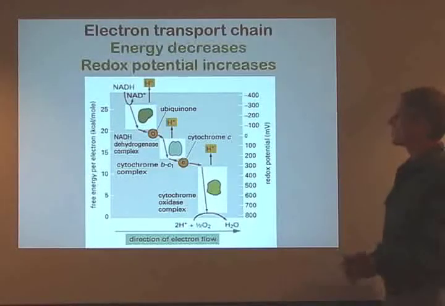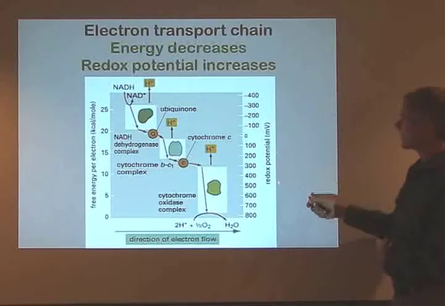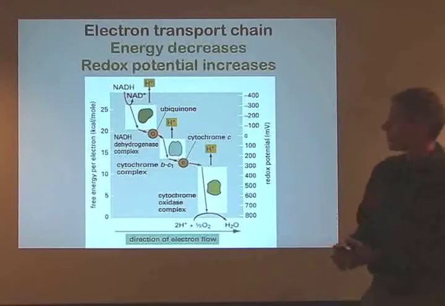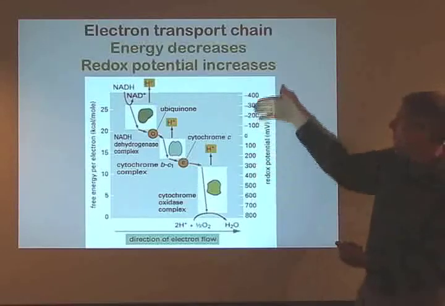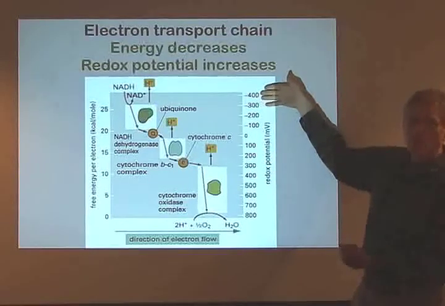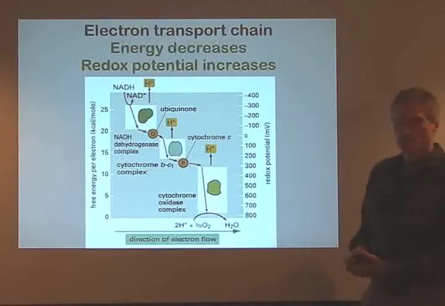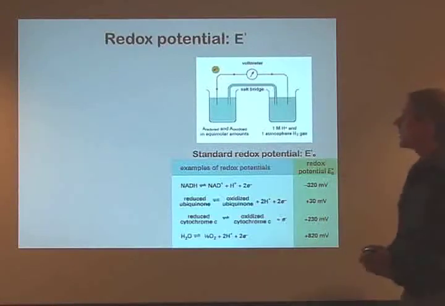Another description of free energy is called redox potential. So redox potential is basically the negative of the delta G. So the numbers go up as they go more negative on this axis for redox potential. Redox potential is defined by chemists, and you can define redox potential for every reaction quite rigorously.